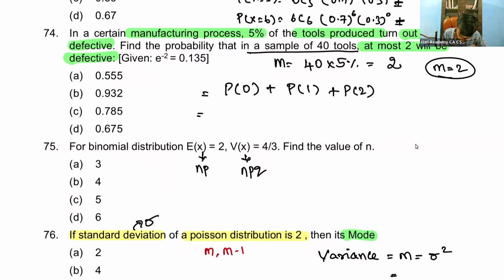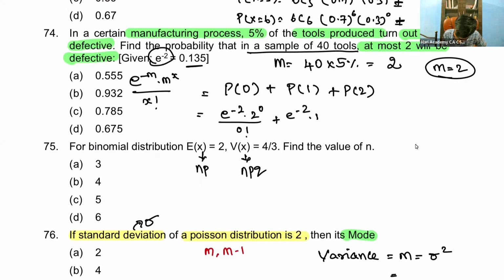So the formula is, they have given e power minus 2 the value. Actually, it is from the probability distribution, this means from the Poisson distribution. e power minus m into m power x divided by x factorial is the formula. So e power minus m value they have given. e power minus 2 into 2 power 0 divided by 0 factorial plus e power minus 2 into 2 power 1 divided by 1 factorial plus e power minus 2 into 2 square divided by 2 factorial.